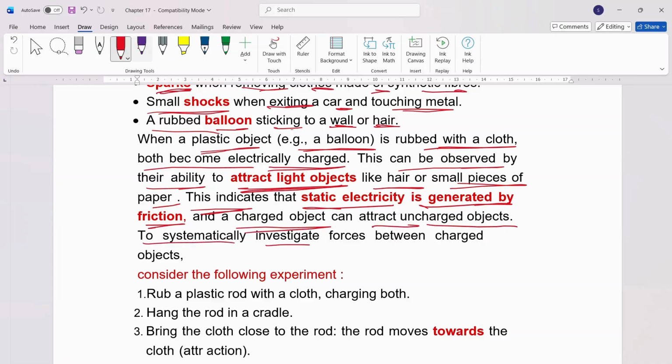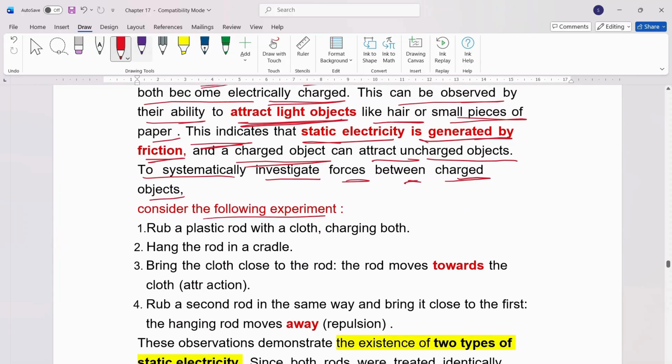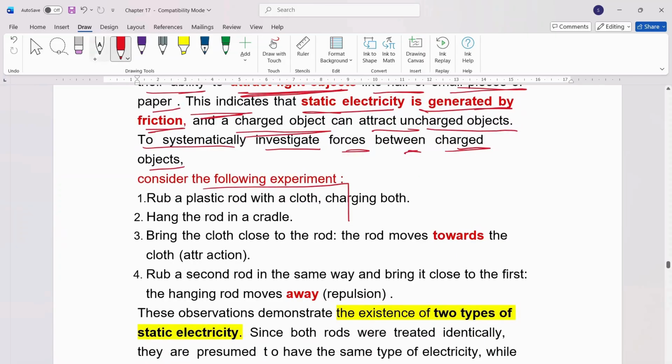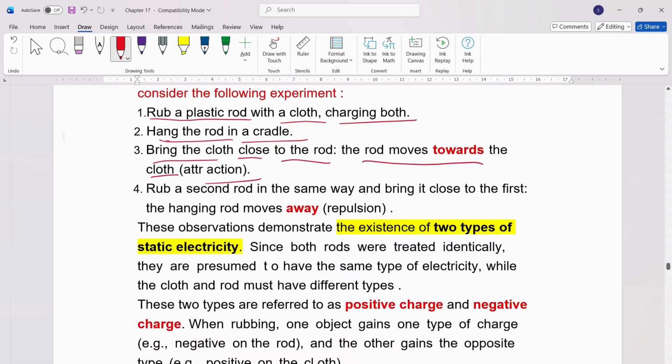To systematically investigate forces between charged objects, consider the following experiment. Rub a plastic rod with a cloth, charging both. Hang the rod in a cradle. Bring the cloth closer to the rod. The rod moves towards the cloth, that is attraction.